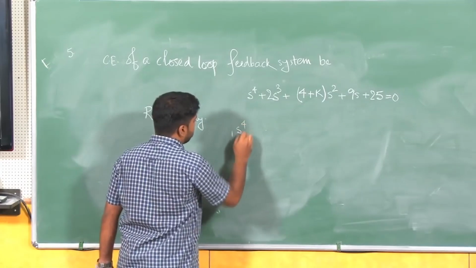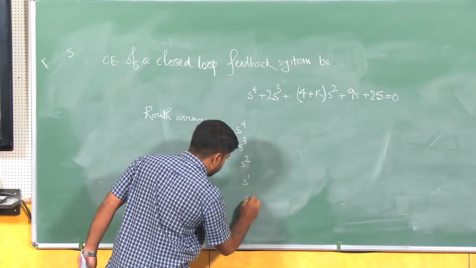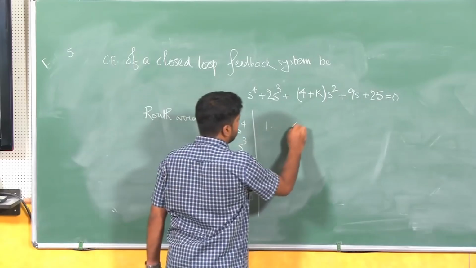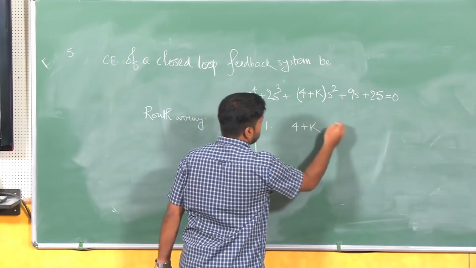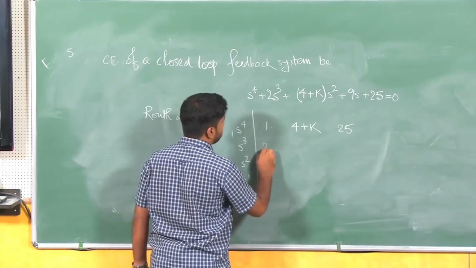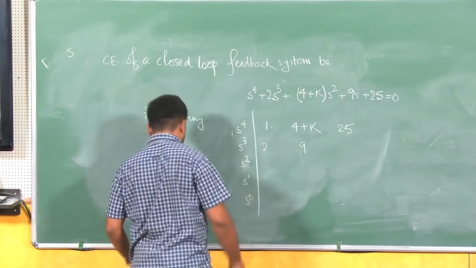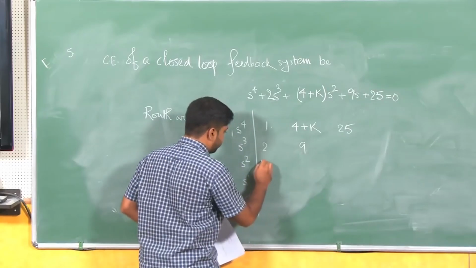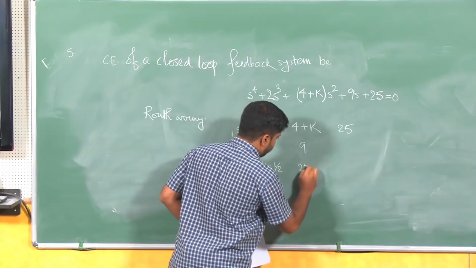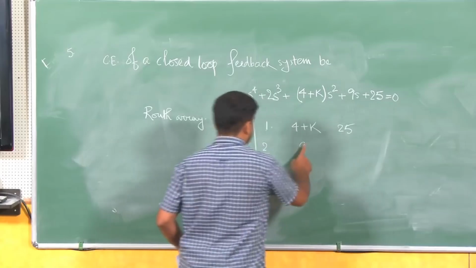S to the power 4: the first term will be 1, second term is 4 plus k and third term is 25. Here the first term will be 2 and the second term will be 9. So, here we get k minus half and 25.